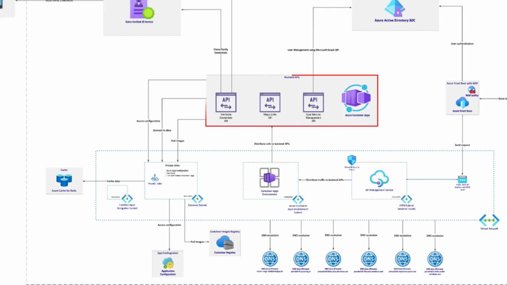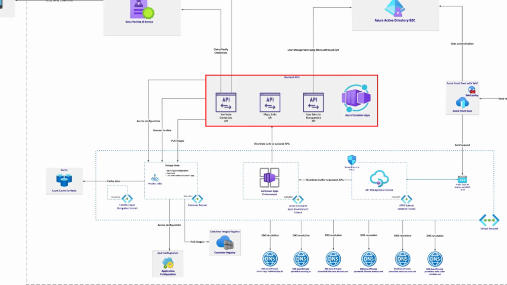Now, when it comes to APIs, there are many different options to implement and host those APIs in the Azure cloud. One of the options is to utilize a serverless offering called Azure Container Apps. So in this case, we can leverage containers.